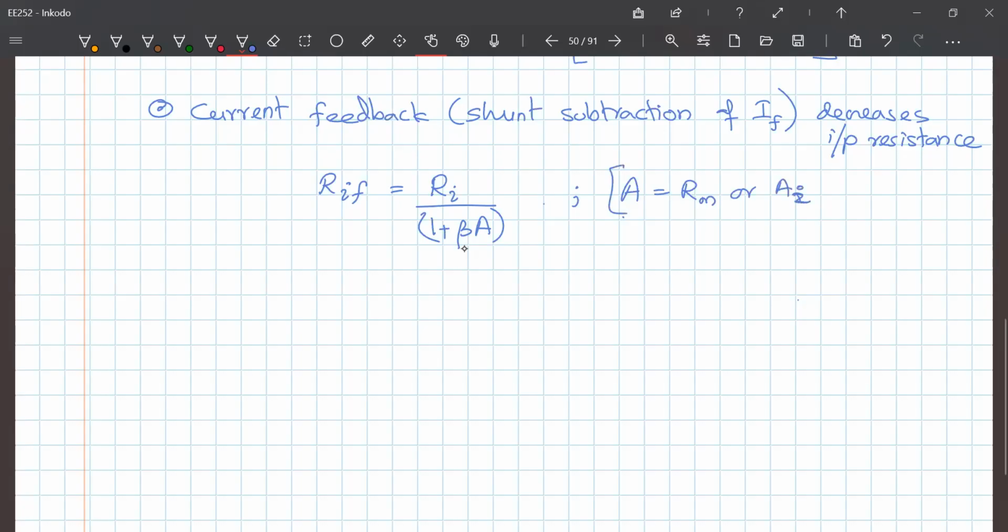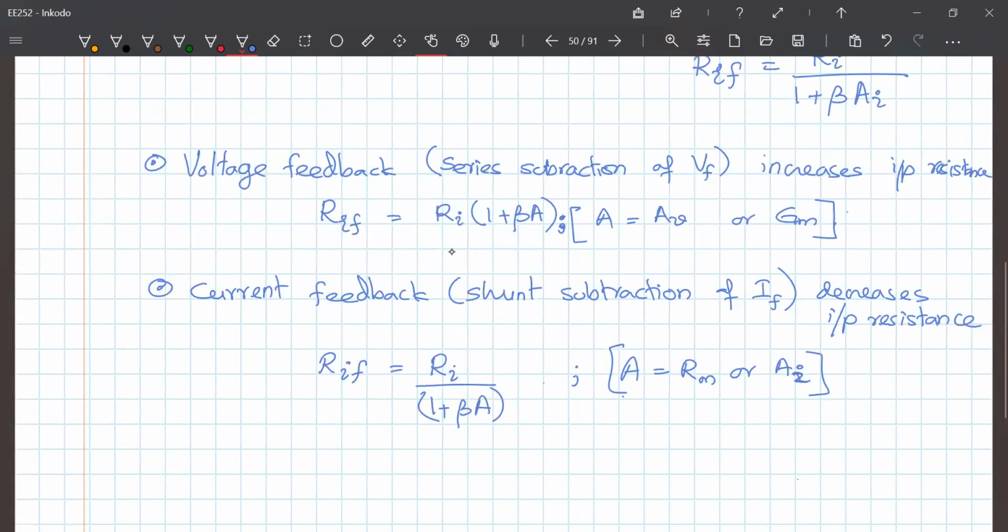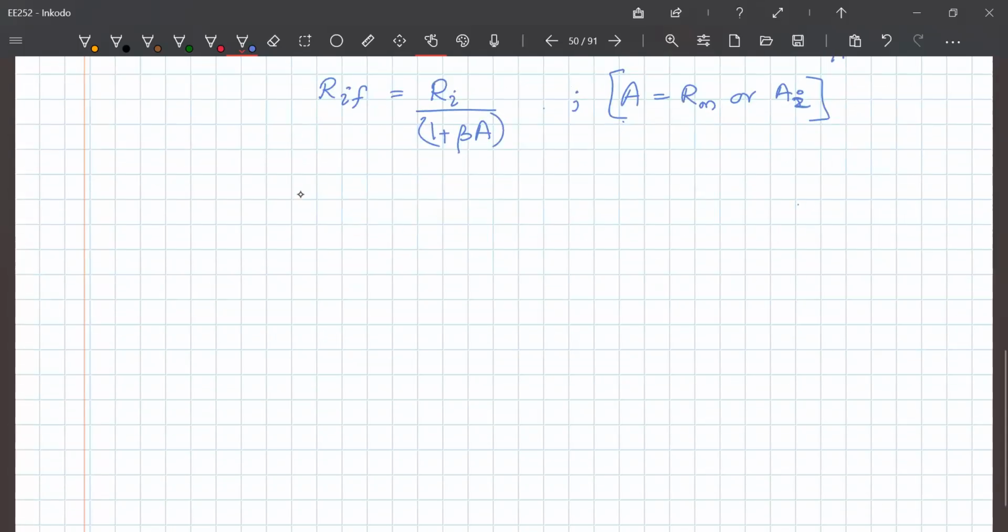Good. So that's basically that. Now, in the case of voltage sampling, so this is basically the feedback, what will happen to the output? Output will also be duly reduced.